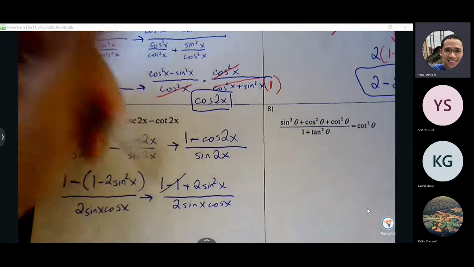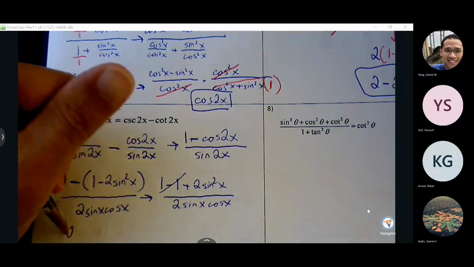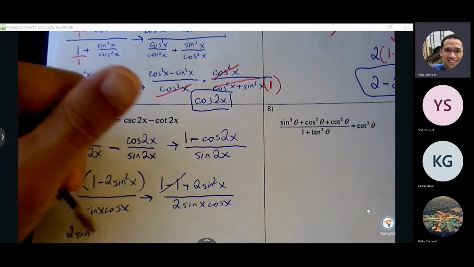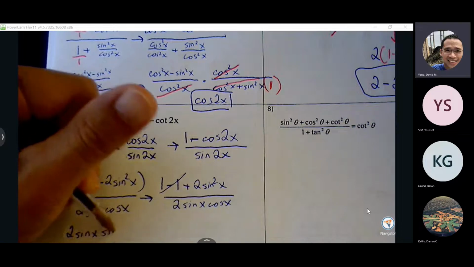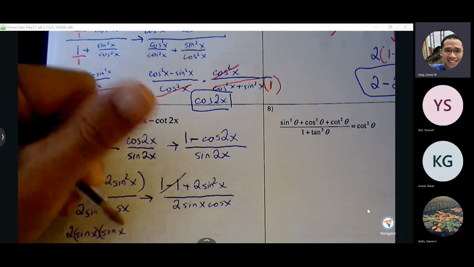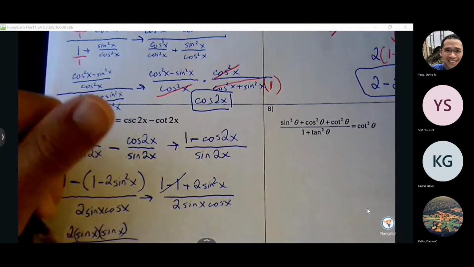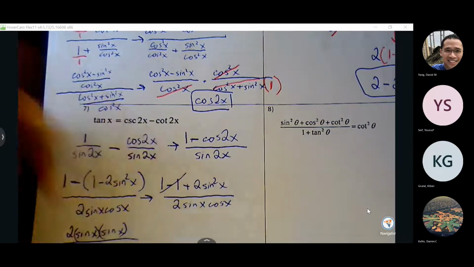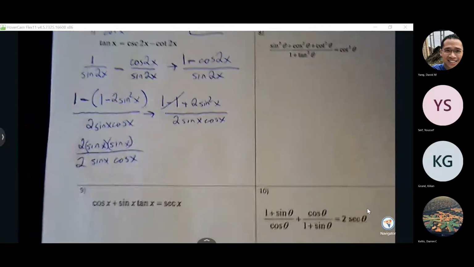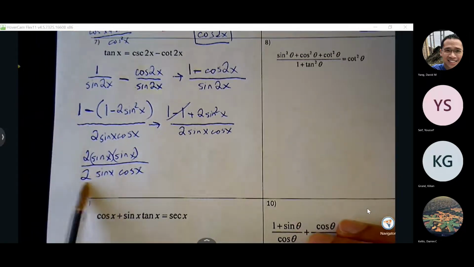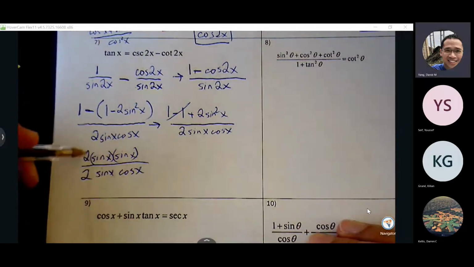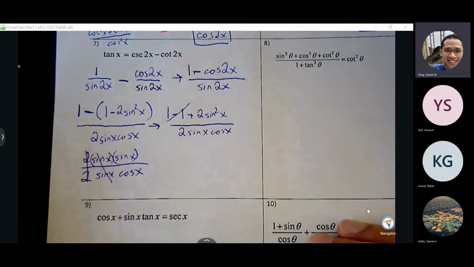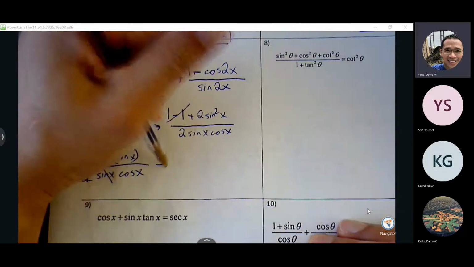One minus one cancels out. 2 sine squared x, same thing as 2 sine x times sine x. You don't have to do this. I just want to show that a lot of this will cancel out. Twos go away, sine goes away. I'm only left with sine over cosine, and sine over cosine is tangent.